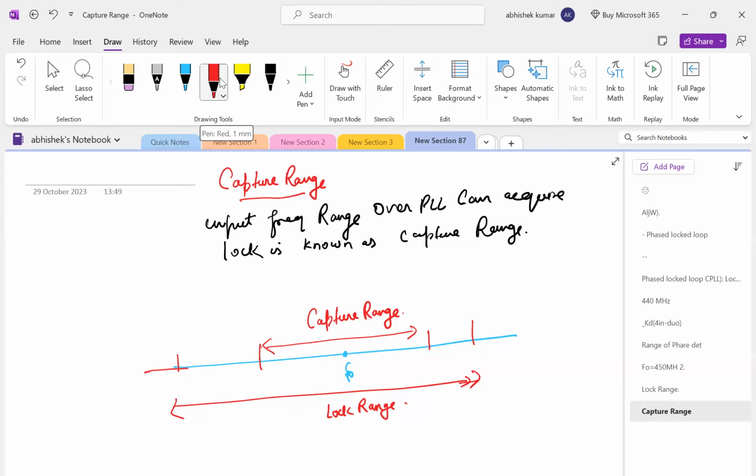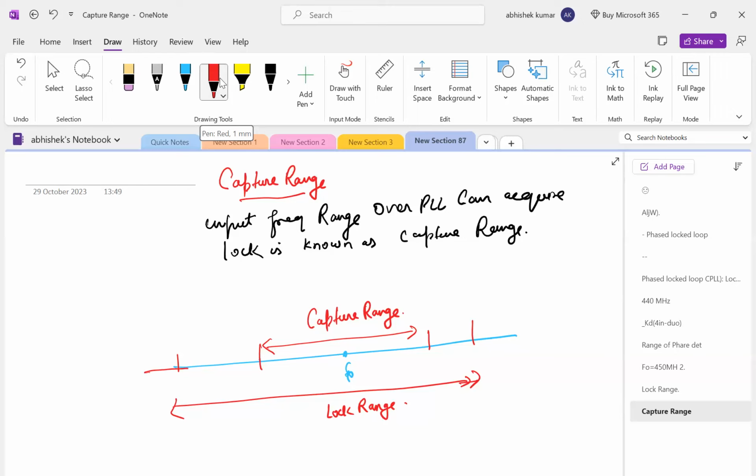Now we can see the capture mechanism. When the PLL is unlocked with no input, or when F input is far from the VCO, the VCO runs at its center frequency F naught, that is the free running frequency, but is unlocked. The frequency of the phase detector output is Fin minus FVCO when unlocked. If the frequency is outside the loop filter bandwidth, the loop filter output is 0, so the control output is 0.